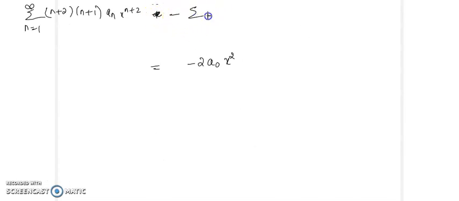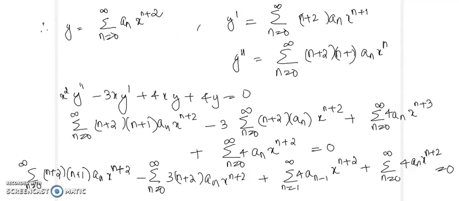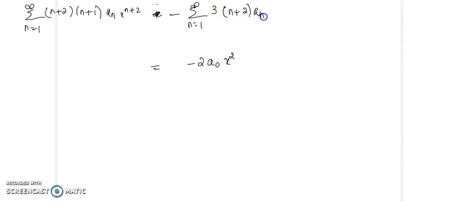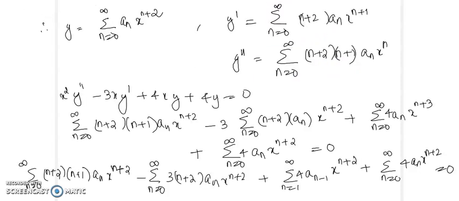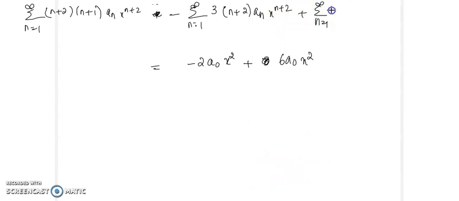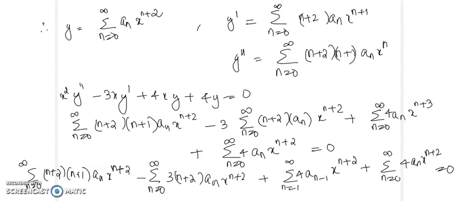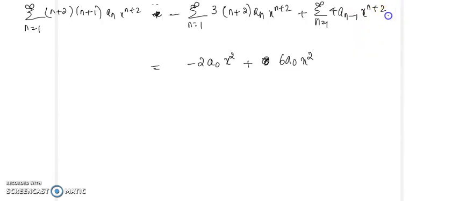So it is minus 3 n plus 2 an x raised to n plus 2, plus 6 a naught x square, and here you will have 4 an minus 1 x raised to n plus 2, and the last one will be 4 an x raised to n plus 2.